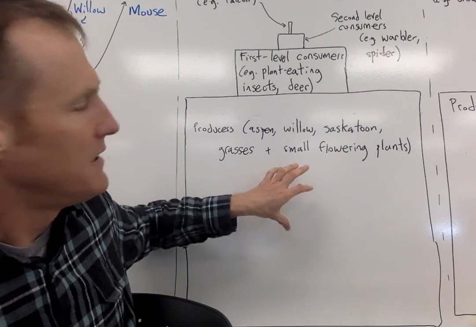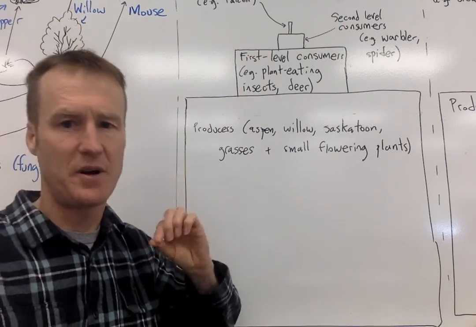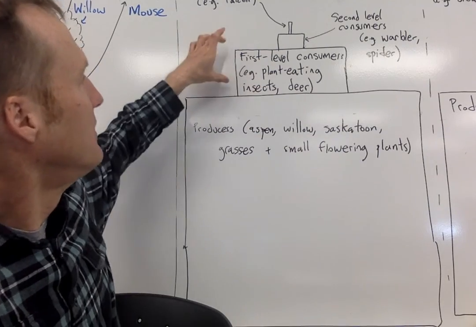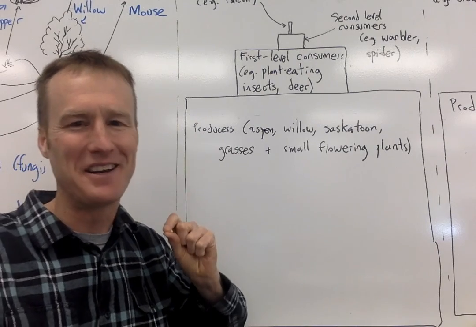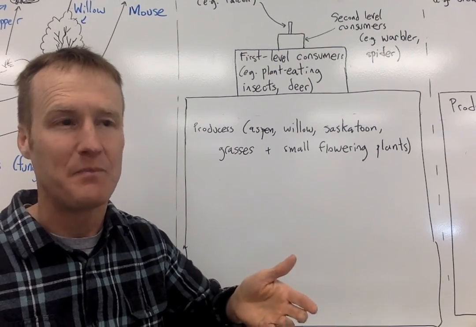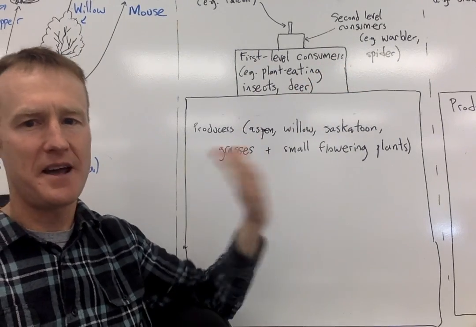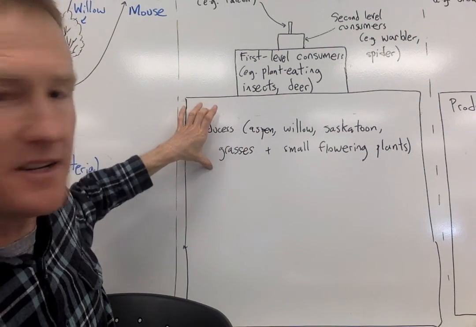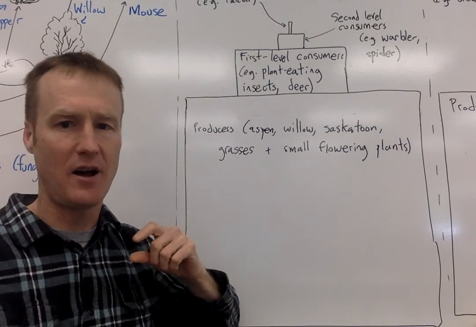In fact, it's 10 times larger than the first box above it. It's 10 times larger as a box size because most of the energy that's in these guys here doesn't go into the next level up.